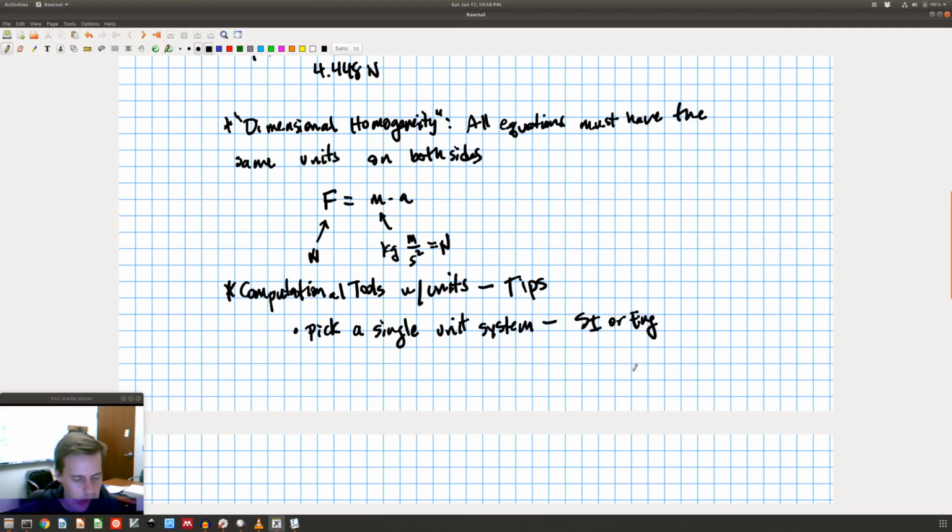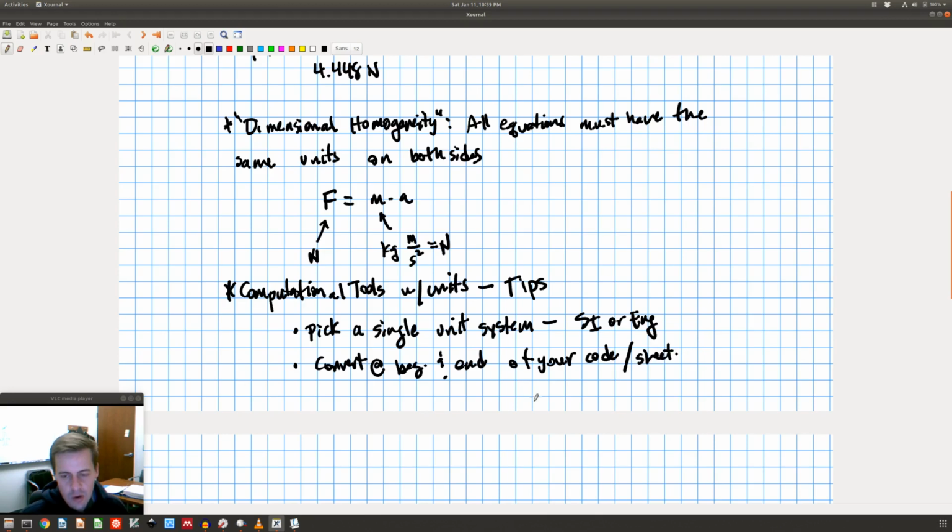Pick one and stick with it. The second one will be convert at the beginning and end of your code or your sheet.